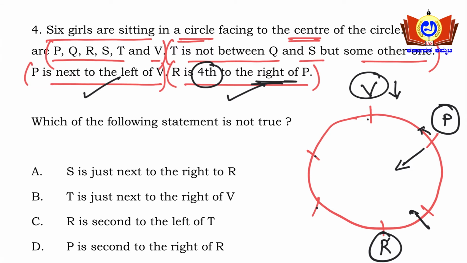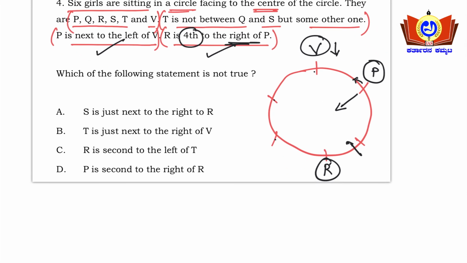Okay, so T is not between Q and S. See here, 3 positions we got here. Okay, the question says that T is not between Q and S. So if at all T is not between Q and S, means there is something between Q and S but it is not the T. Okay, so hence Q and S cannot be written here.